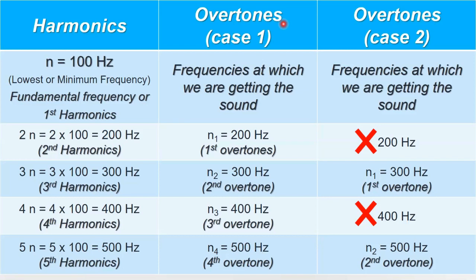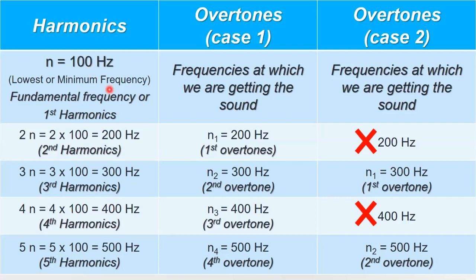In some cases, we will get these overtones, while other musical instruments produce sound of these frequencies. So in the harmonic column, the very first thing is N. What is N? Consider the value of N is 100 Hertz.